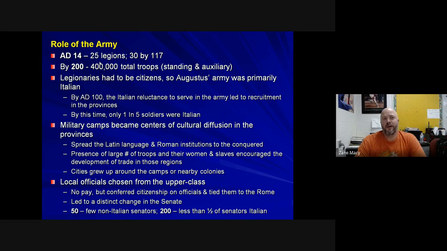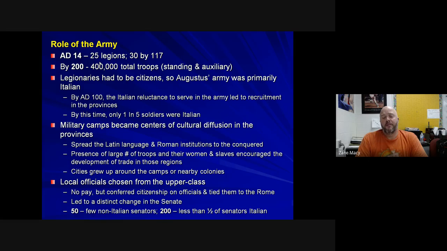But again, reinforcing the point that having 80% of the legions made up by non-Italians, there were cases throughout Roman history where you did have individuals that maybe had started off as part of the auxiliary army, the non-Roman sector of the military, and they weren't loyal. They still had strong roots in their local communities, their native communities, and it did lead to more friction.